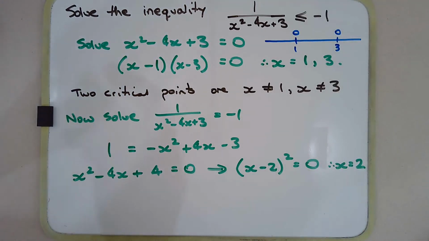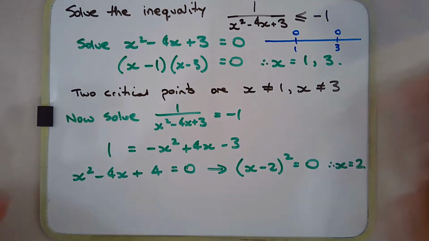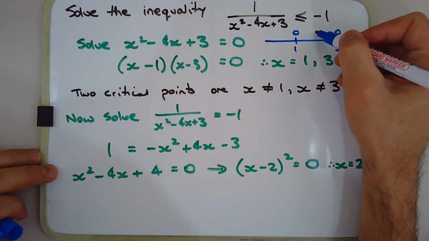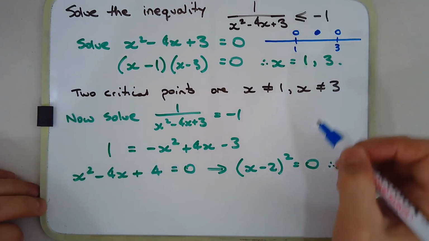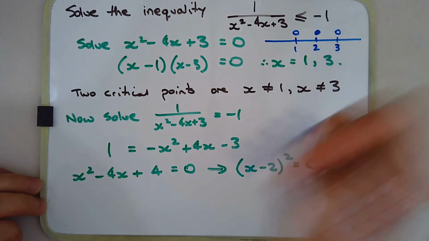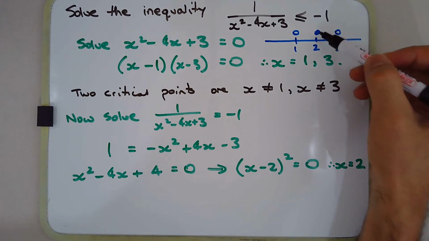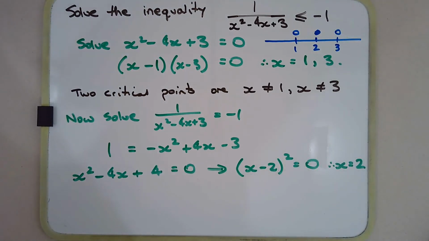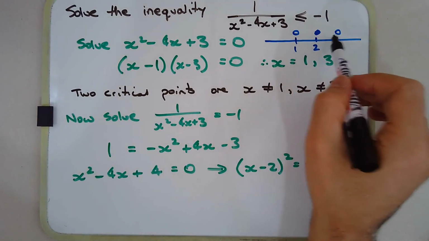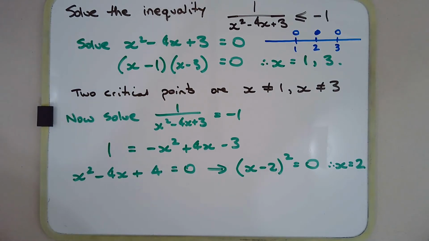So in this case, it's a closed circle, isn't it? I might just put that there, and draw in this critical point. So we've actually got 3 critical points, which means that we need to test 4 regions to do this properly and comprehensively enough that we're not going to miss anything, because you just don't know what kind of function you're going to get.